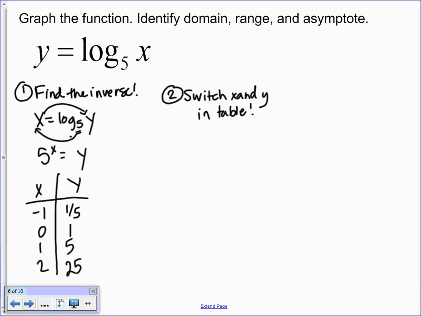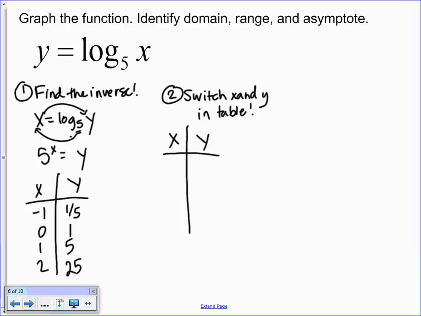What you did was you took a log, you found the inverse by switching x and y. We used the inverse to generate a table of values for x and y. But now we're going to switch the x and y in the table, and that gets us back to log. So you can switch x and y in equations, tables, graphs, and every time you switch x and y, you're switching forms. You're going to the inverse. So we'd be going back to logarithmic form.